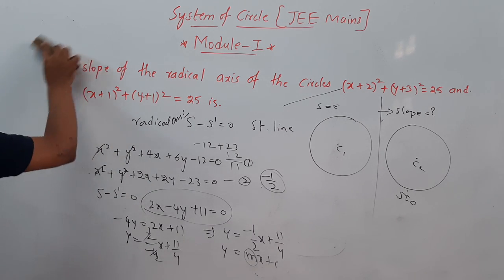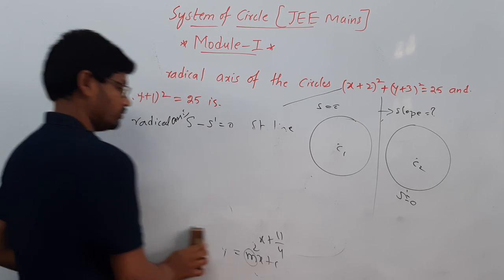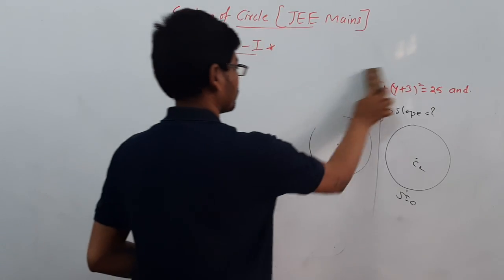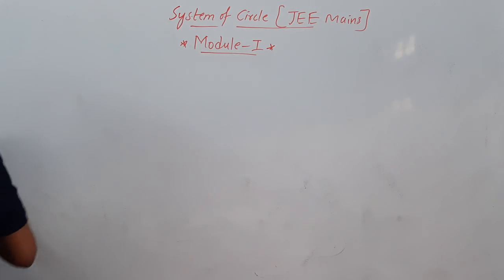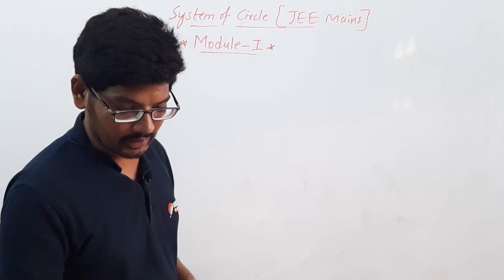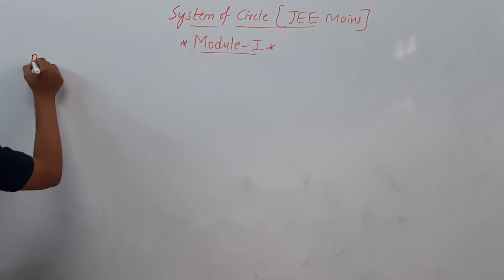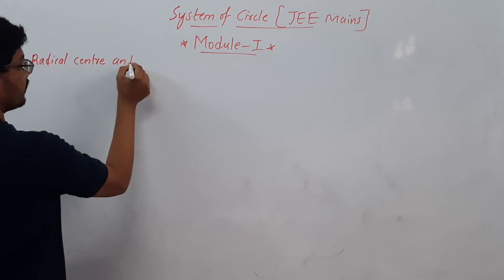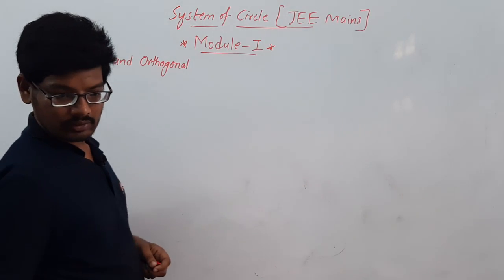And the next question is on radical center and orthogonal circles.